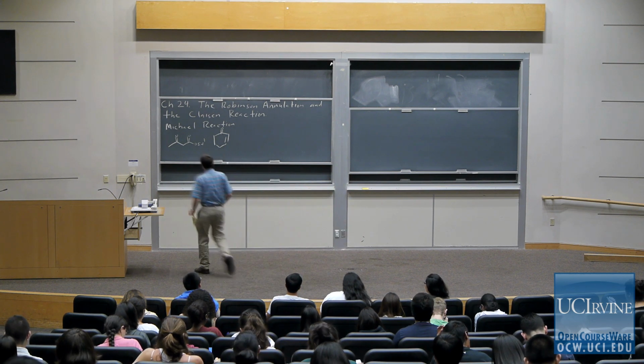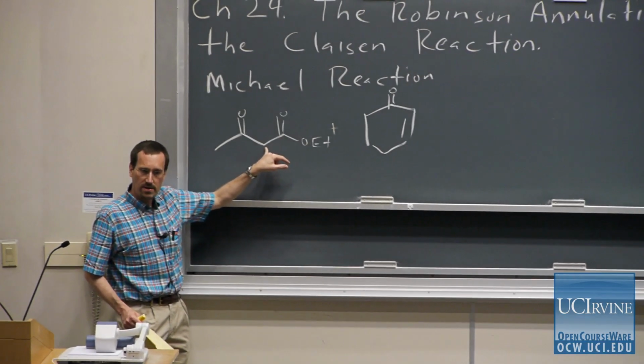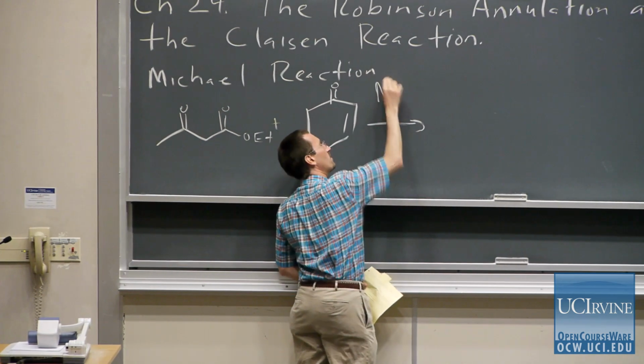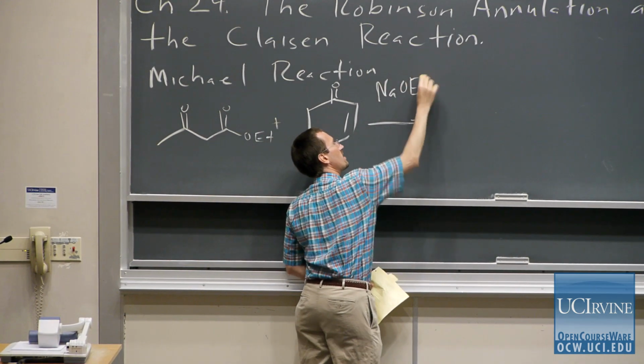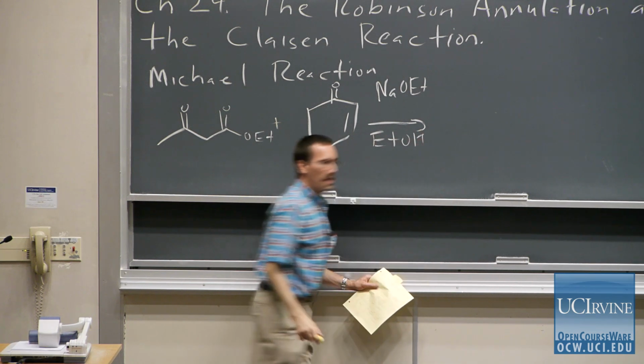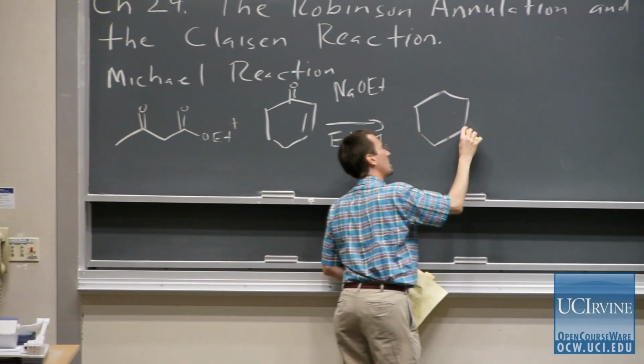In the presence of something that allows us to make an enolate, in this case one of our 2 favorite bases, sodium ethoxide in ethanol, we end up with a 1,4 addition of the enolate to generate a new enolate.